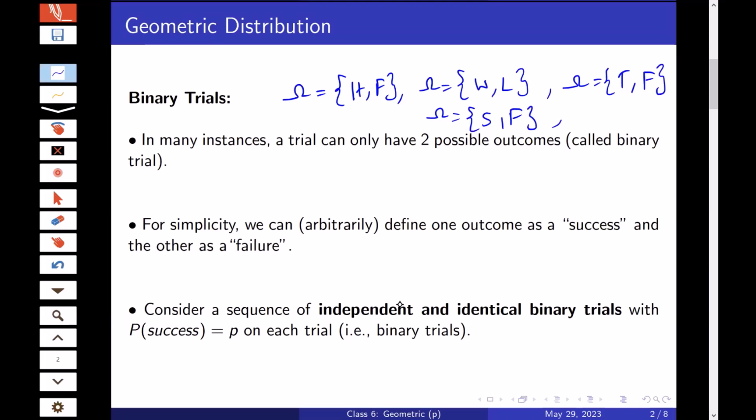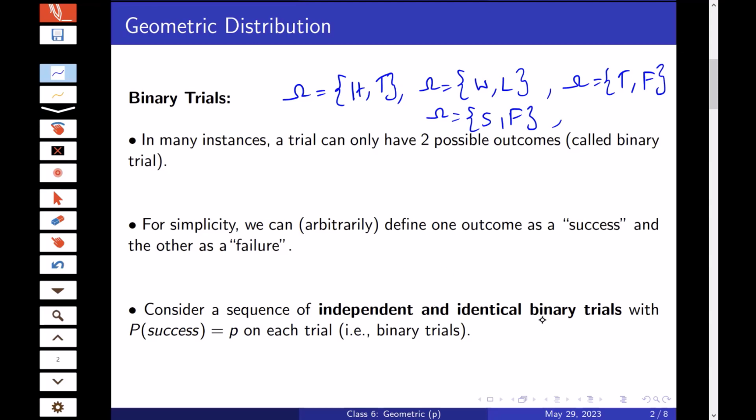If you are tossing a coin and you are interested in getting head, then the probability of getting head is our success, and the probability of getting tail is our failure. Suppose we are doing independent and identical binary trials.